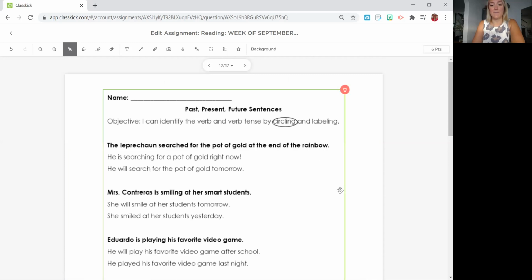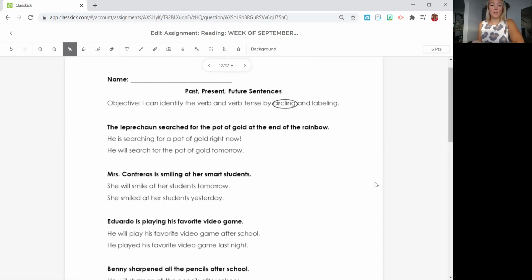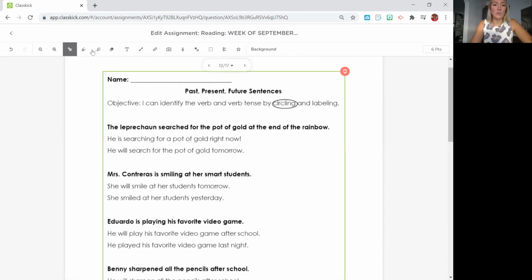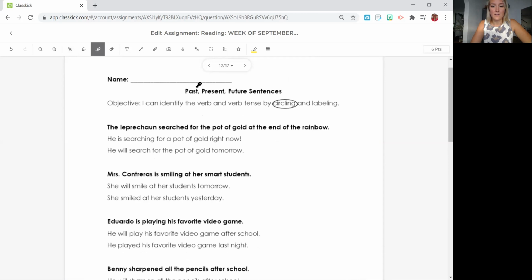For today's assignment, you are going to be circling the verbs in these sentences. Remember, verbs are something you can do. Now I am changing the instructions at the top, and I want you to color instead of circle. If it is in past tense, I want you to circle it in red. That means it probably has an ed at the end.